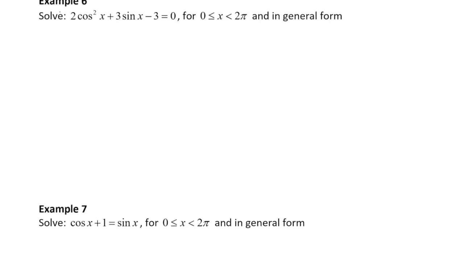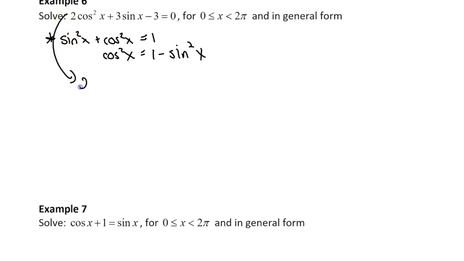Think back to your Pythagorean identities, where sine squared x plus cos squared x equals 1, meaning that cos squared x is equal to 1 minus sine squared x. So you could rewrite this, and instead of writing cos squared x, you could write 1 minus sine squared x, plus 3 sine x minus 3 equals 0.